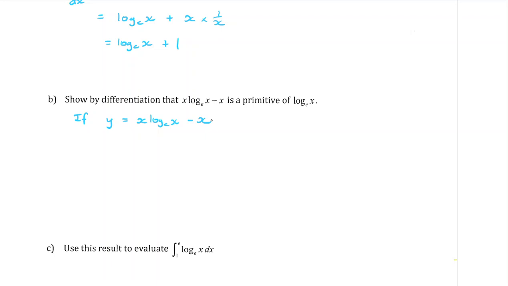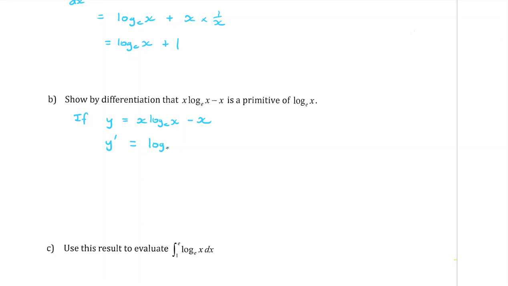I'm calling it y because that makes it nicer for me to differentiate. So y dash equals the x log e of x. To differentiate that was what I did up here. Don't do it again. Just replace the x log e of x with log e of x plus 1, because that's what its derivative is.